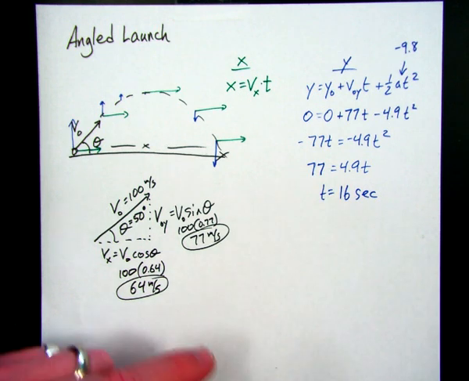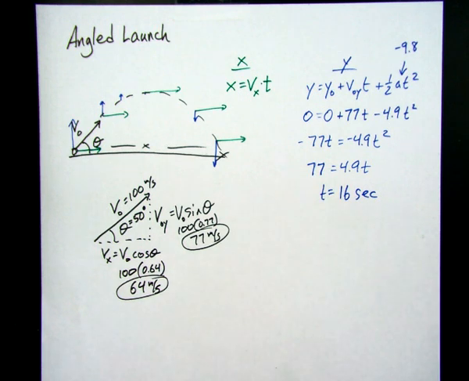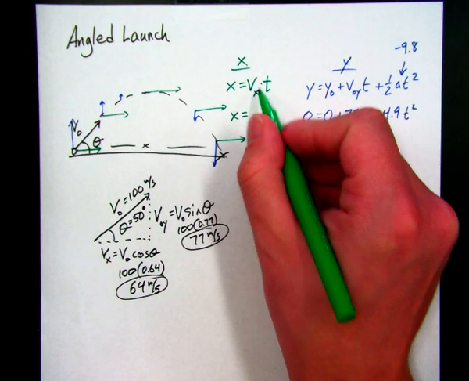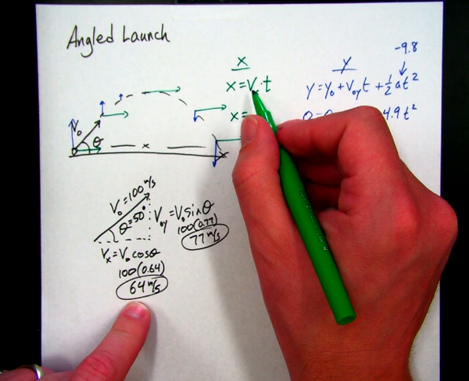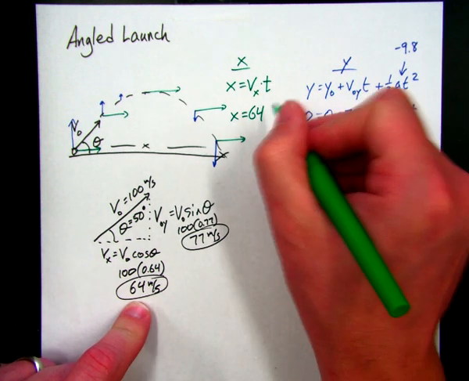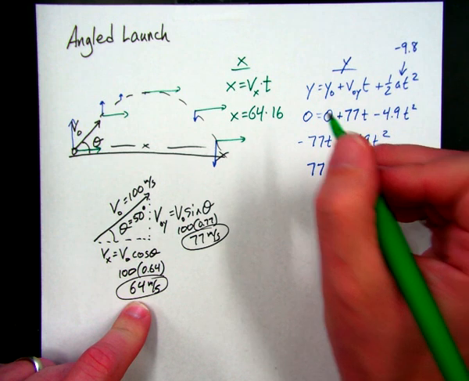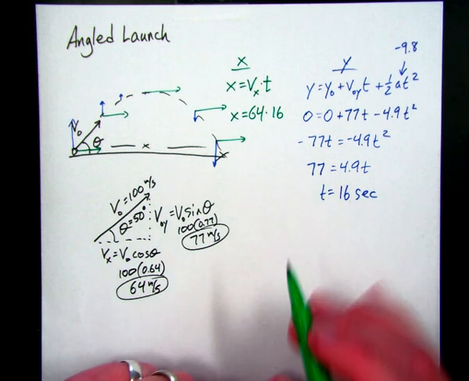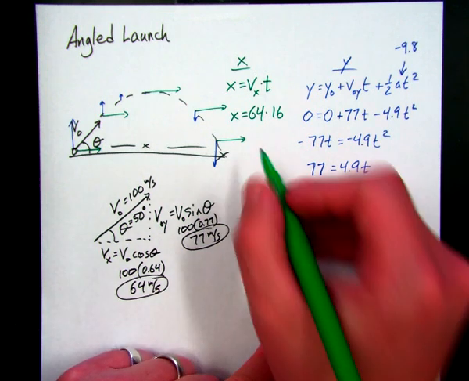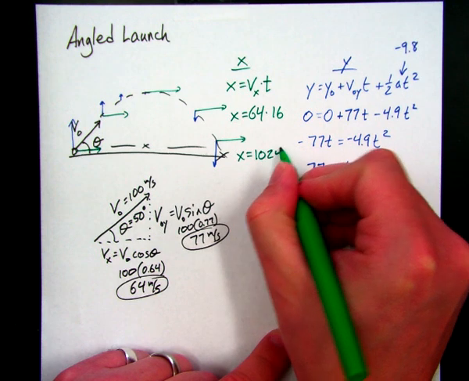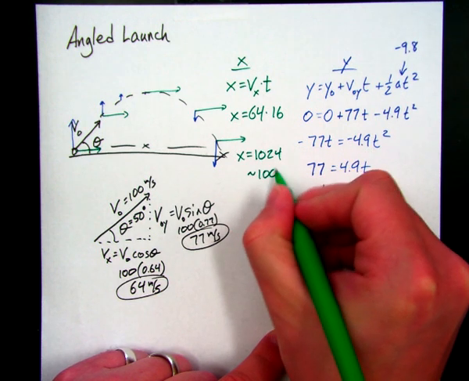Now that I know the time that it takes for it to fly, the hang time as it were, I'm careful to put my Vx, 64, in for that. I now know that the time is 16 seconds. And so what is x? 64 times 16 is about 1,024, or about 1,000 meters.